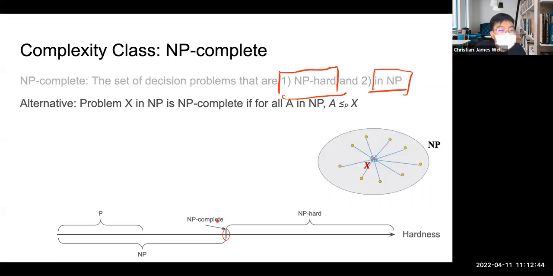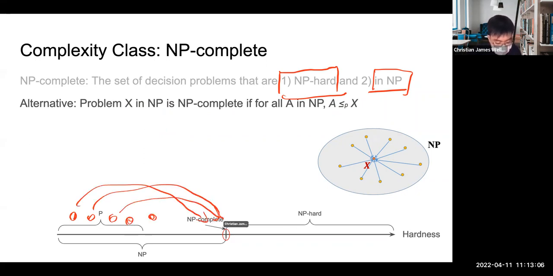So an alternative perspective is that if a particular problem X is in NP, NP complete means that for all problems A in NP, A reduces to X. So every problem in here will reduce to NP complete problems.